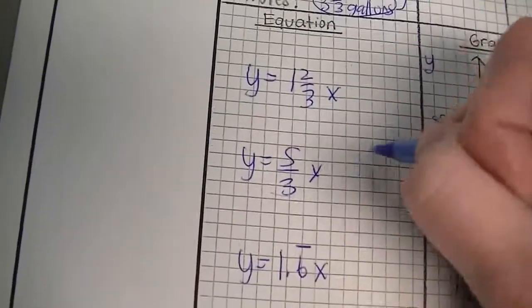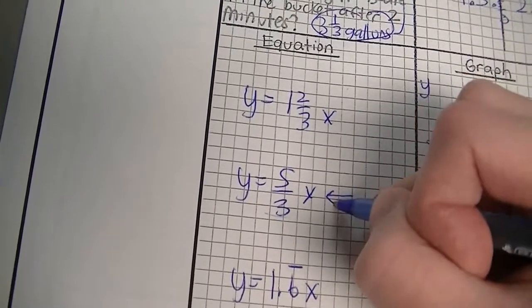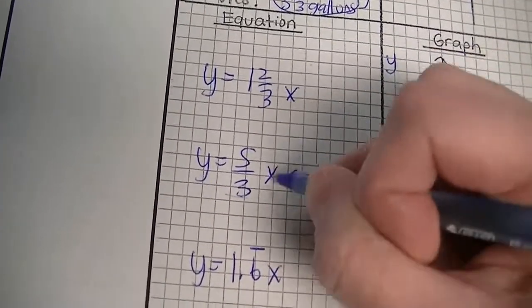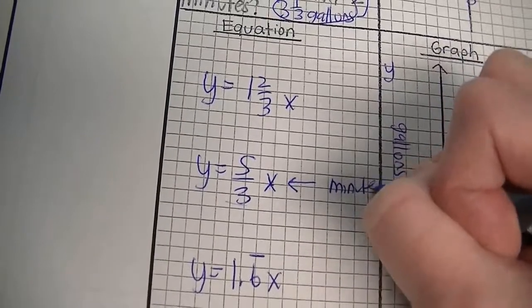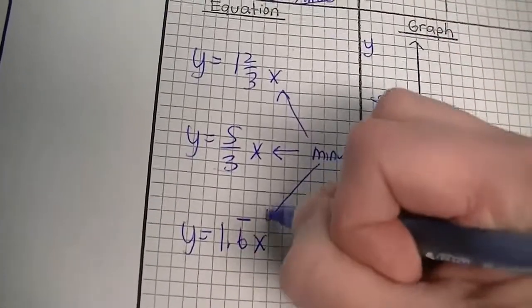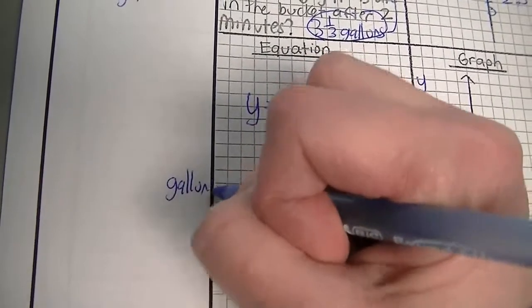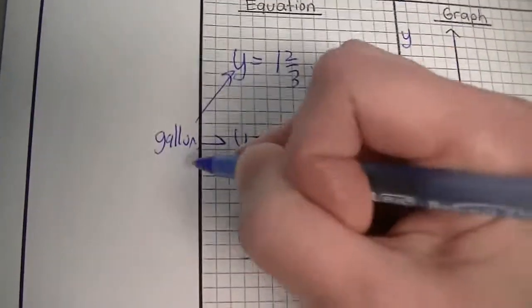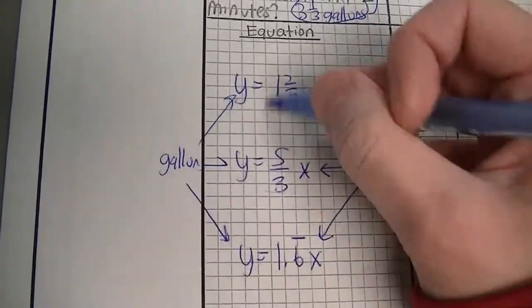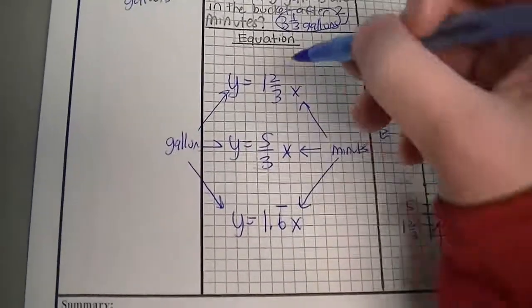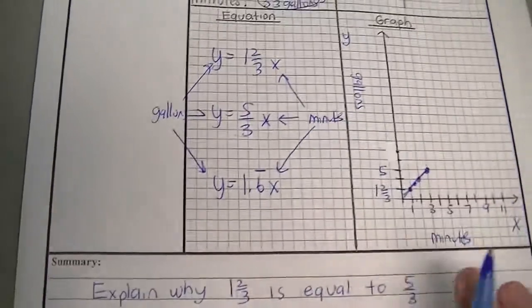X in all of them represents the minutes, and y in all of them represents the gallons. Okay, and these are all the unit rates. I don't think I need to label them, do I?